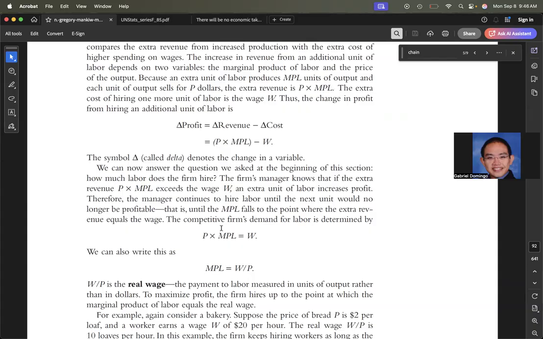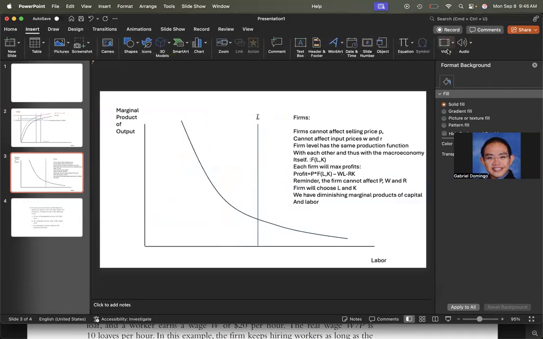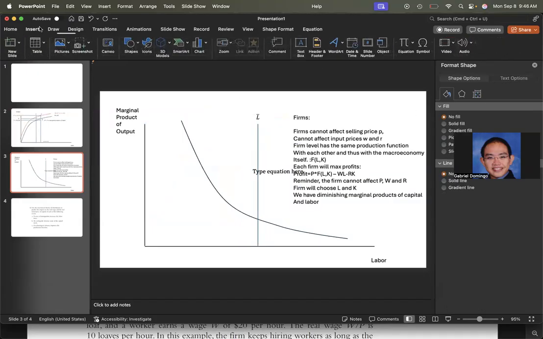And therefore, the competitive firm will set P times MPL equal to W, and this will maximize your profit, sorry, maximize profits.